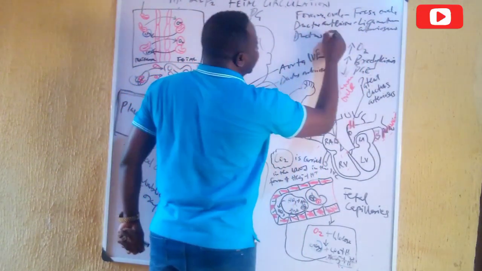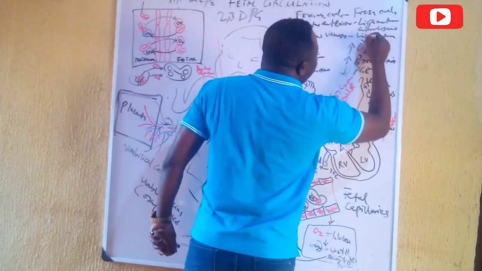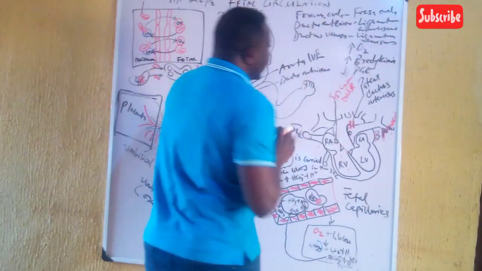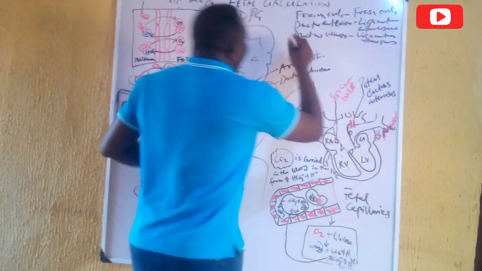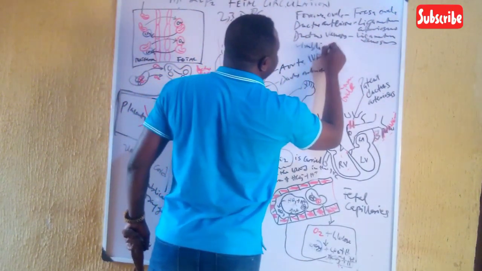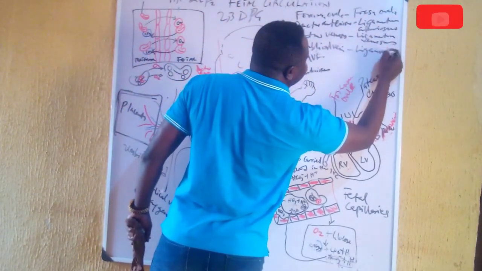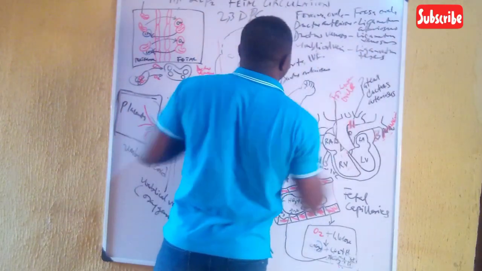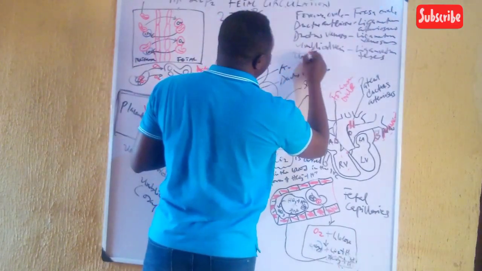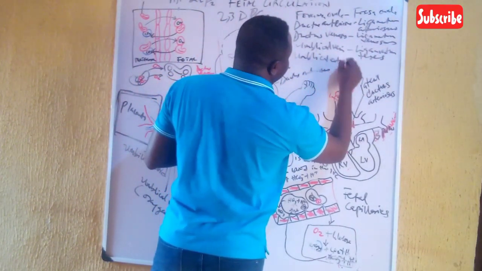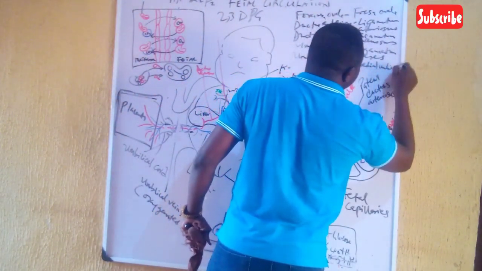Ductus venosus becomes ligamentum venosus. The umbilical vein becomes ligamentum teres. And then the umbilical artery becomes the medial umbilical ligament.